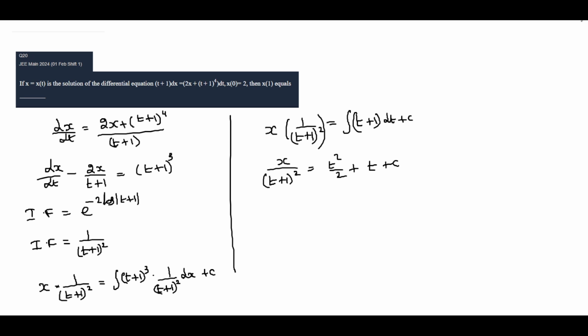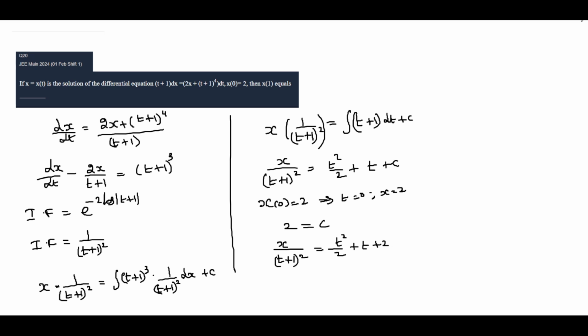So the given condition is x of 0 equal to 2, which implies t equal to 0 and x equal to 2. If you substitute it, 2 is equal to c. So x by (t plus 1) whole square is equal to t square by 2 plus t plus 2.